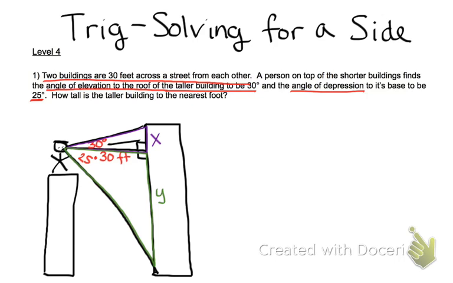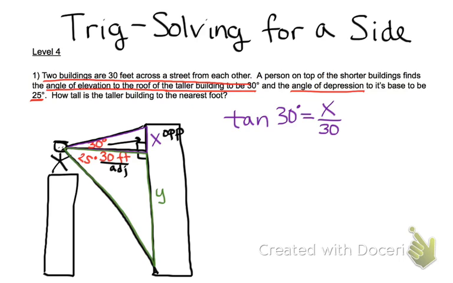So now I'm going to label my sides. Starting with the purple triangle, I have opposite, and the 30 feet right here is going to be my adjacent. So using opposite and adjacent is the trig function tangent. So for my purple triangle, I'm going to use tangent, and I have tangent of the angle, which is 30 degrees, is equal to opposite, which is X, over my adjacent, which is 30 feet, so 30.